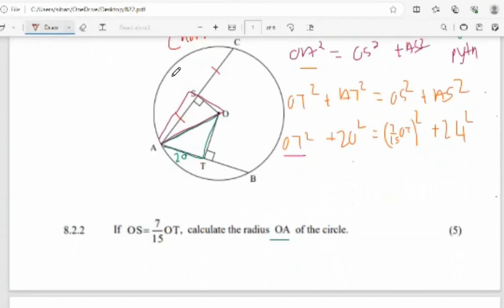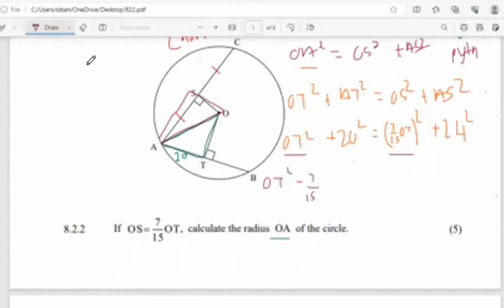I want the OTs on one side. So I will say OT squared minus 7/15 times OT squared equals 24 squared minus 20 squared.